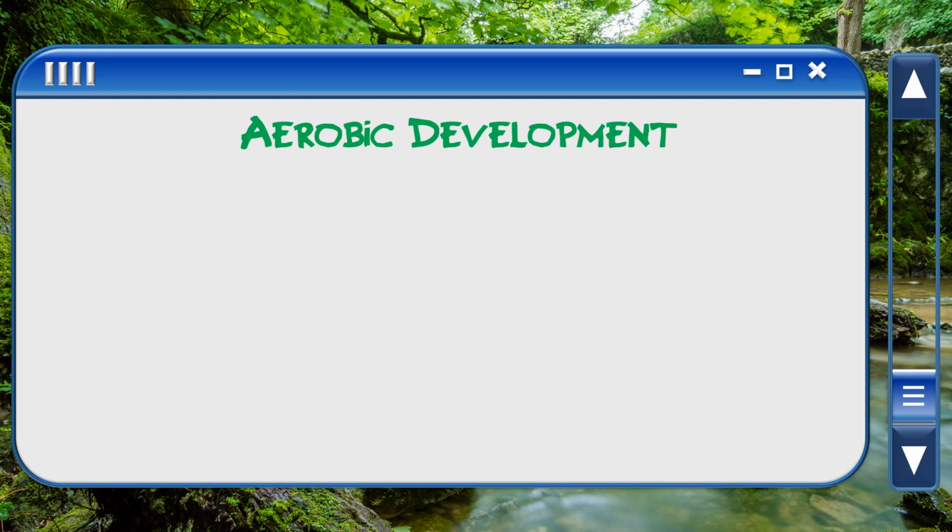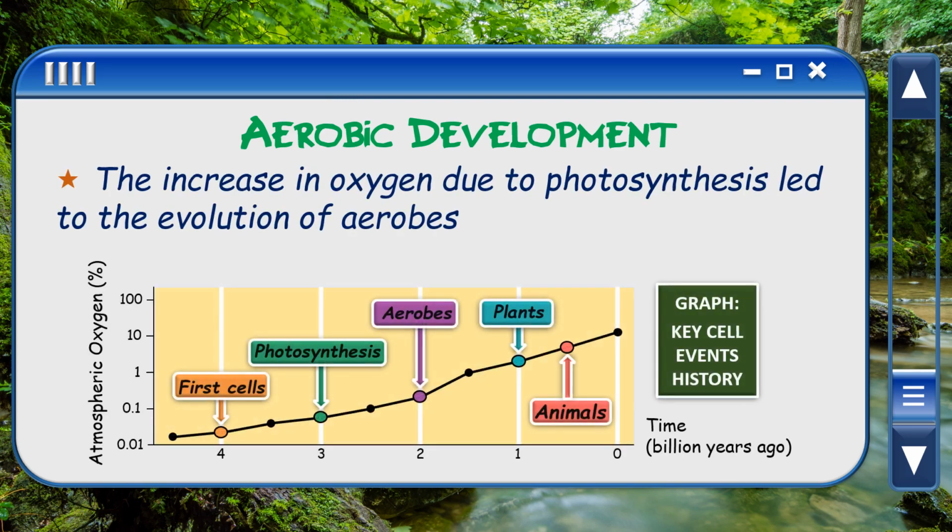After the development of the ozone layer, we come to aerobic development, that is, the development of aerobic organisms. Now we see that oxygen has accumulated in the atmosphere. So here they say an increase in oxygen due to photosynthesis led to the evolution of aerobes. Here they show that oxygen went on increasing in the atmosphere.